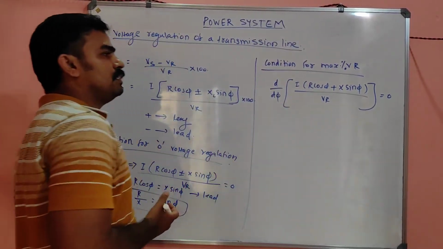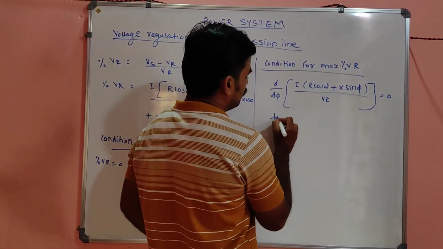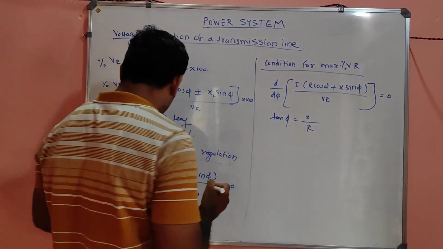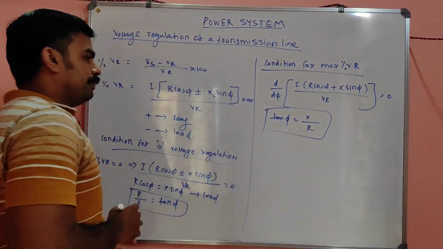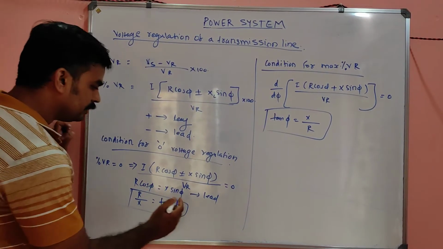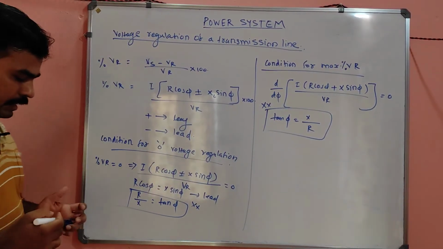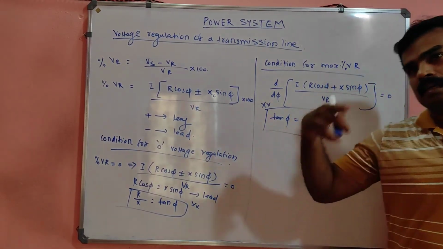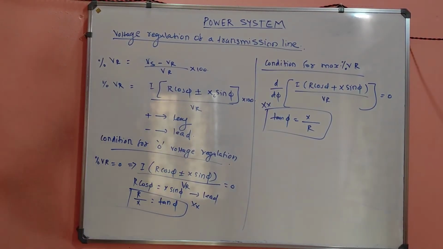If you differentiate this with respect to phi and substitute it to 0, you will get tan phi equal to X by R, opposite to that of this. That is the only difference. The important thing here is, at zero voltage regulation condition, tan phi is equal to R by X, and at maximum voltage regulation condition, tan phi is equal to X by R.